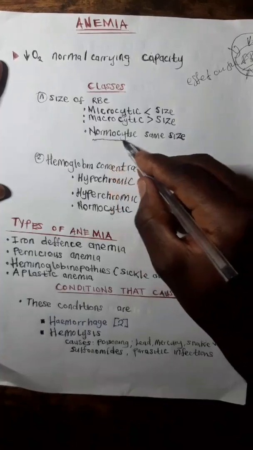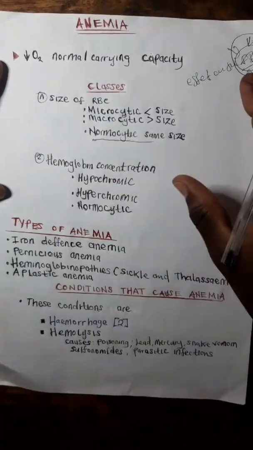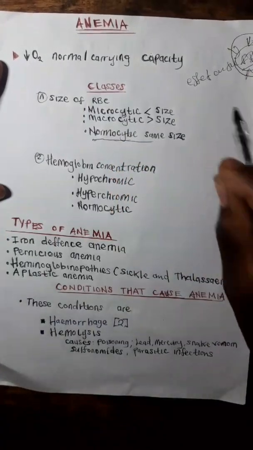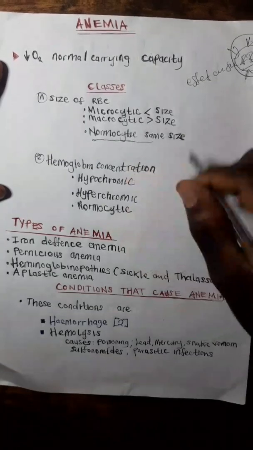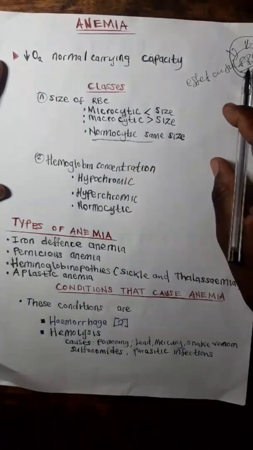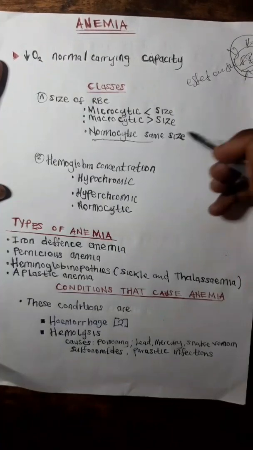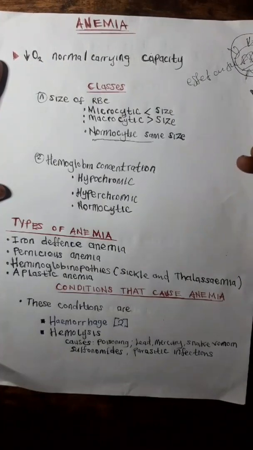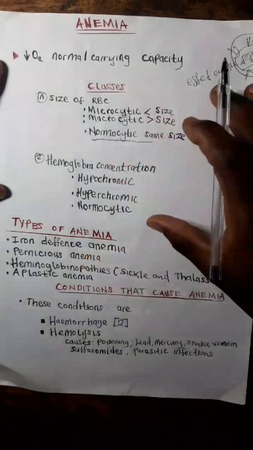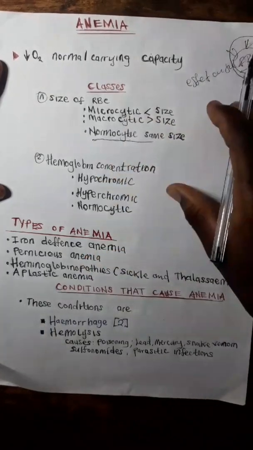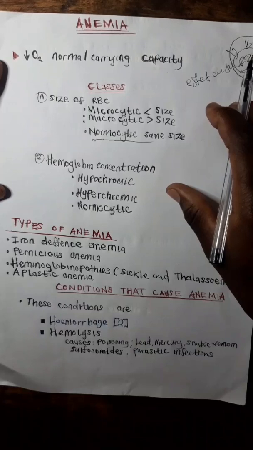A person can be affected with anemia even though the size of the red blood cells is just normal. Meaning, even if the red blood cells don't change their size, either to increase or decrease, but just remain the same, still a person can be affected with anemia.